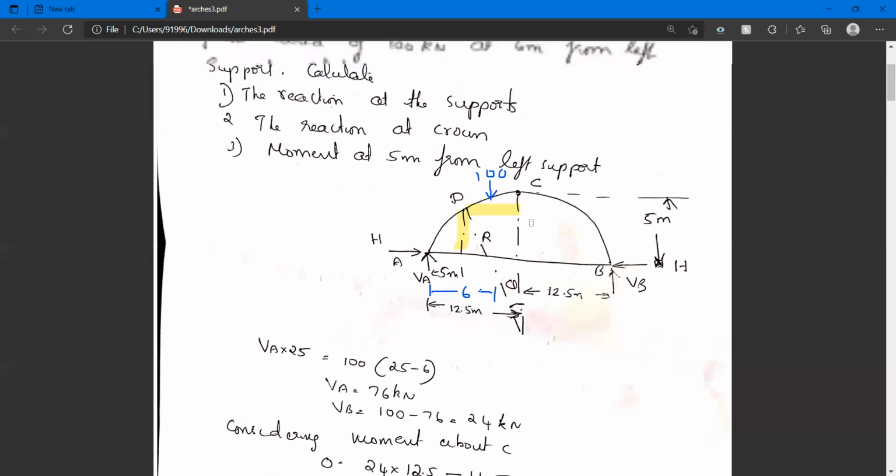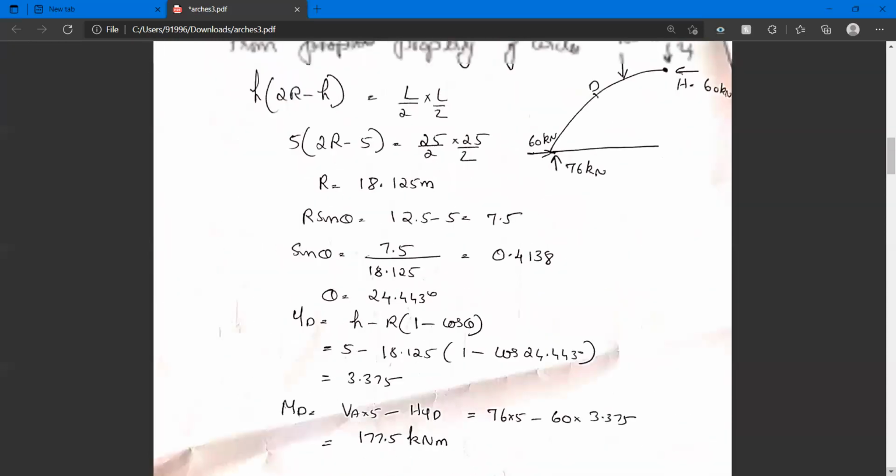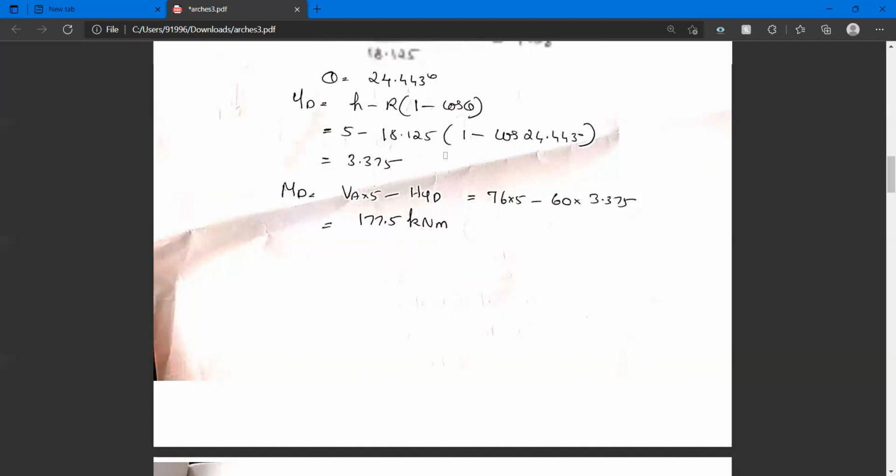The total distance is r, and you know r sin theta. When you subtract r sin theta from r, you are getting this small distance. So that you can subtract from h to find out vertical distance yd. So that is done here.